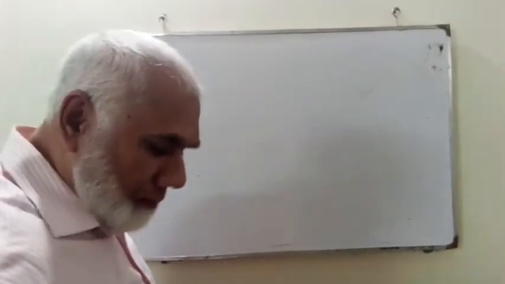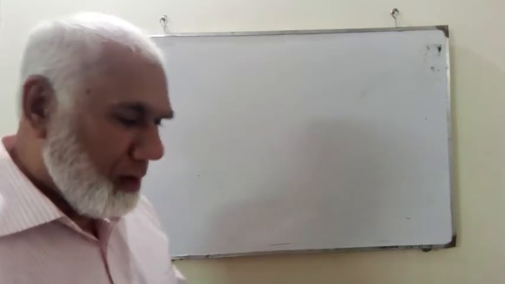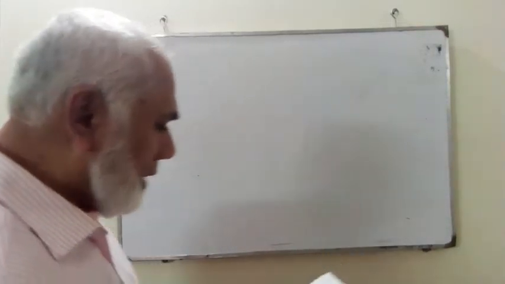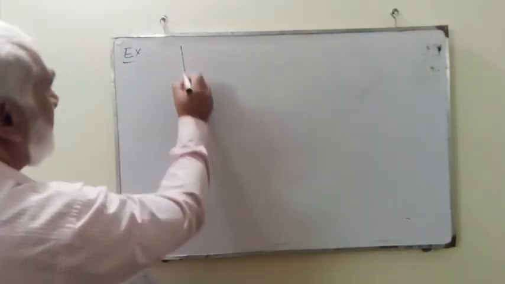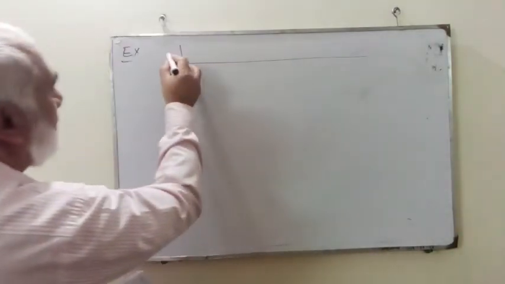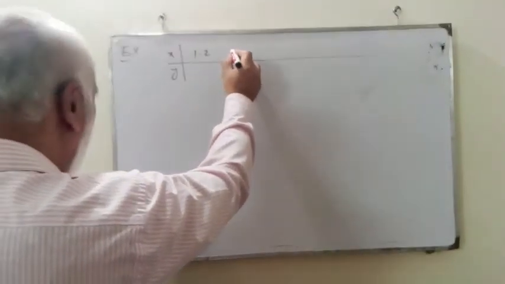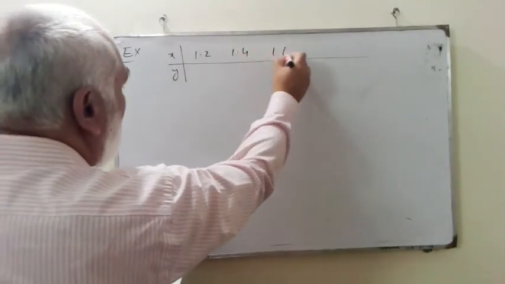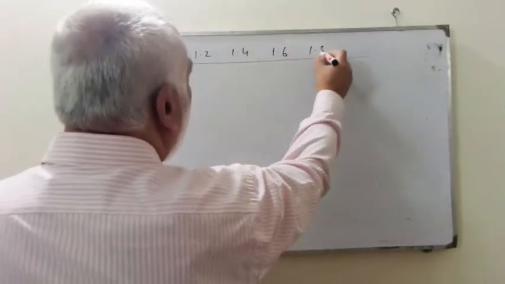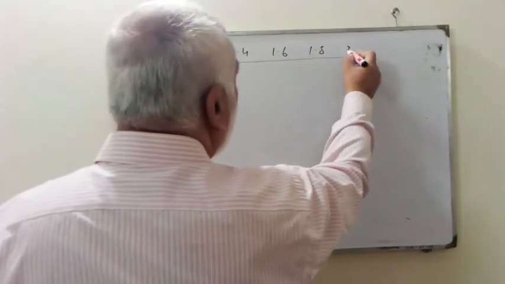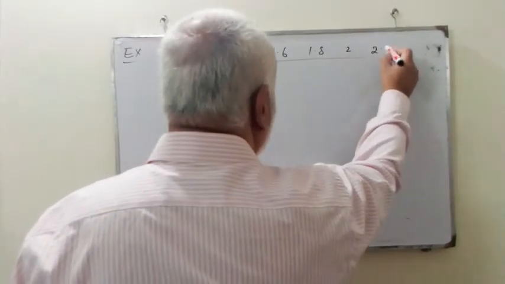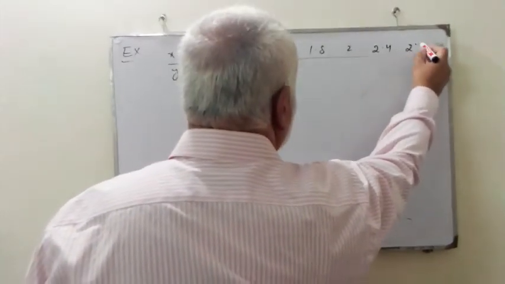Now the statement of the question is the same. You have to fit a curve through a given set of points. The set of points I'm writing here, of course, are in the form of x and y. The values of x are 1.2, 1.4, 1.6, 1.8, 2, 2.4 and 2.6.